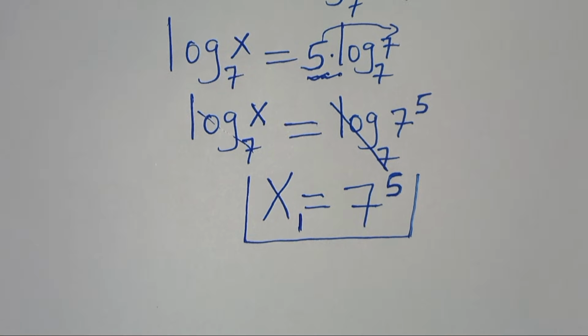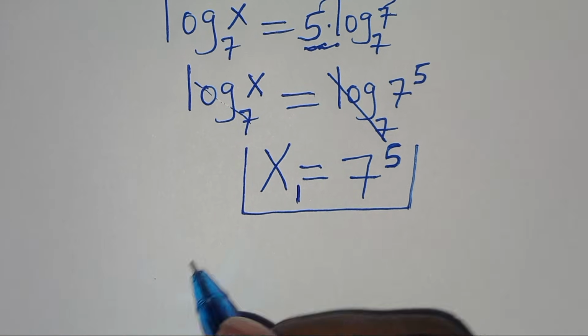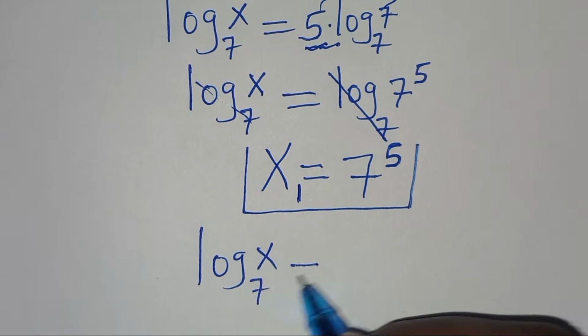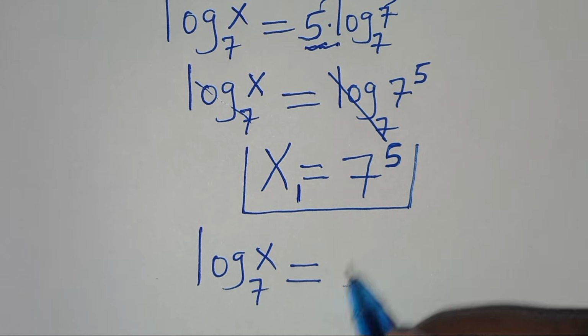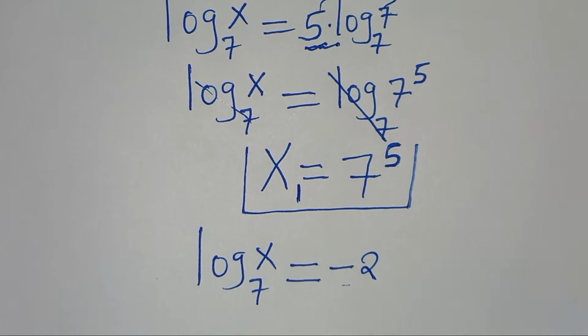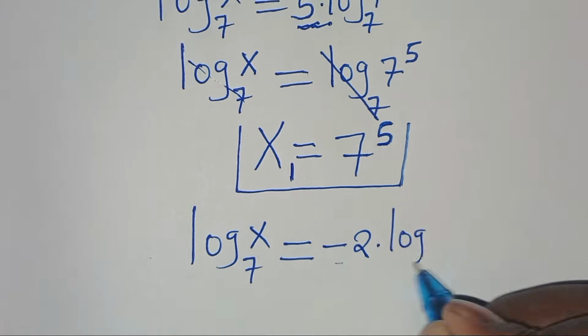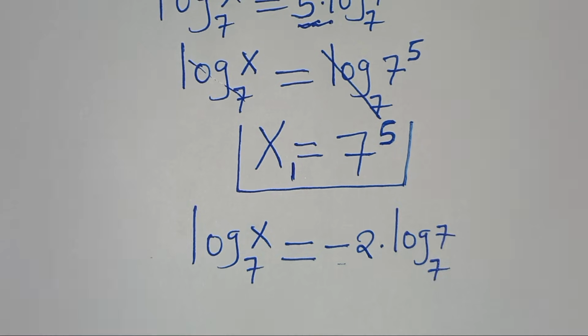So we can solve for the value of x2. We have log x to base 7 is equal to u2, and u2 in this case is minus 2. So again here, we can multiply by log 7 to base 7.